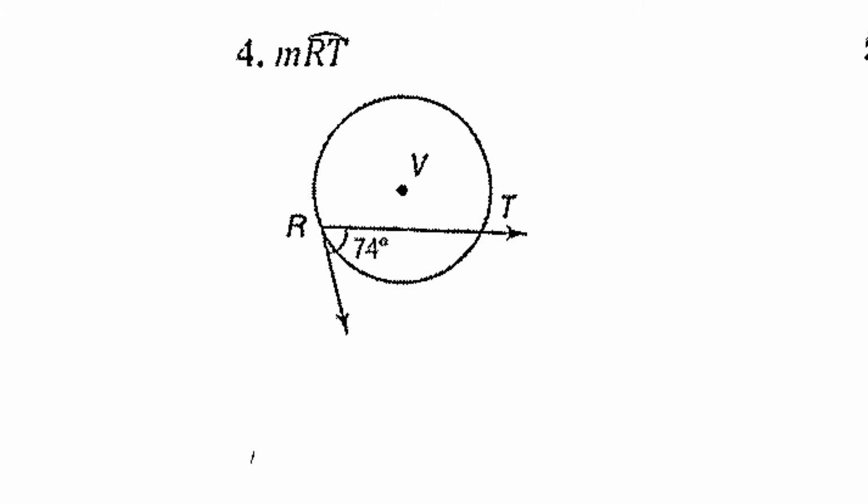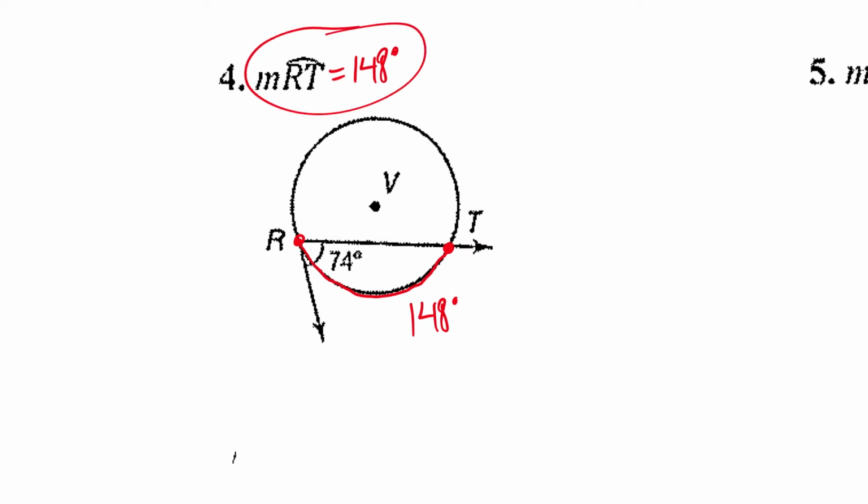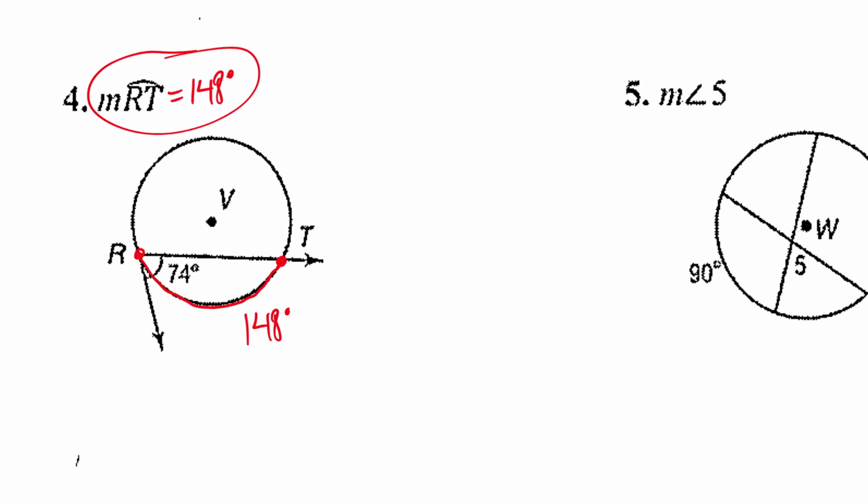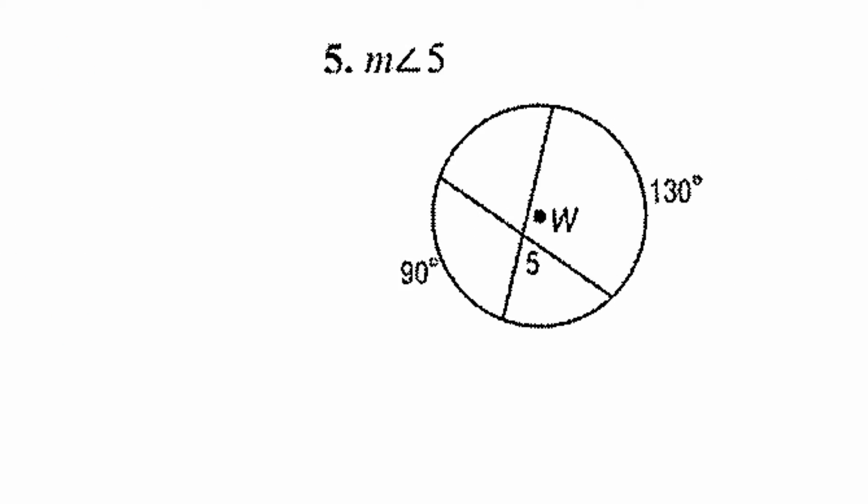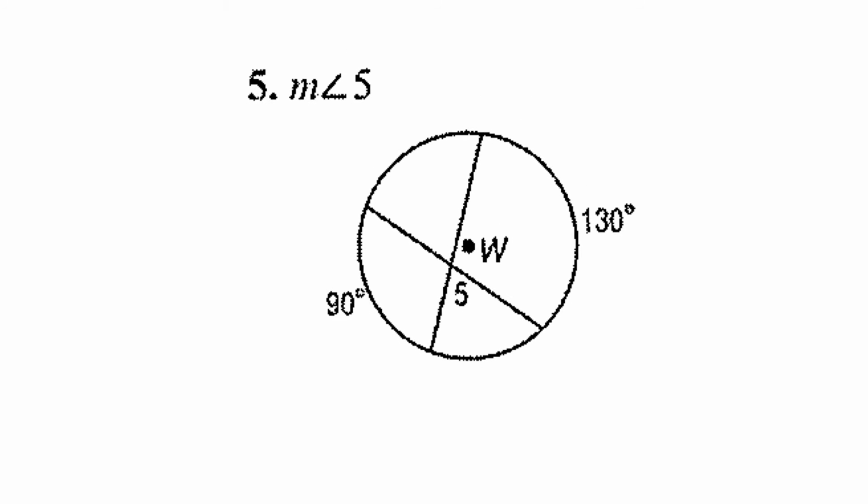Okay, number 4. How big is arc RT? 148. It's 148. It's just double the angle. Okay, on this one, so we can't find angle 5 to start off with.